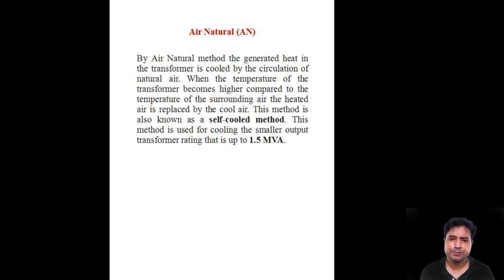Natural air cools off the core as well as the windings of the transformer, and hence such transformers are often referred to as self-cooled transformers, and the method is therefore called the self-cooled method of cooling of transformers. Usually this particular type of cooling is a very primary, very basic type of cooling, and hence the rating of transformers which use it may be limited to 1.5 MVA.